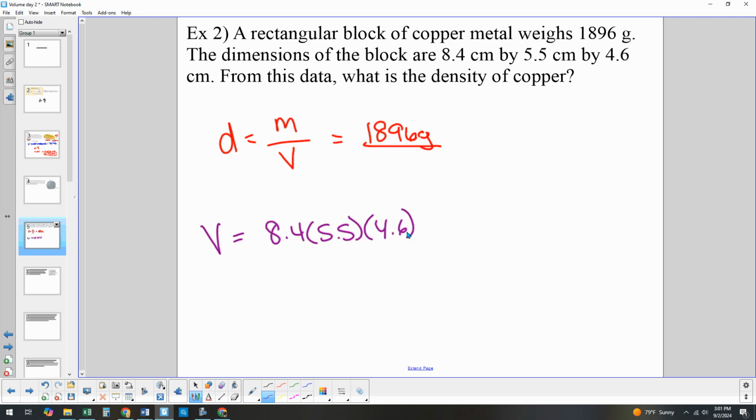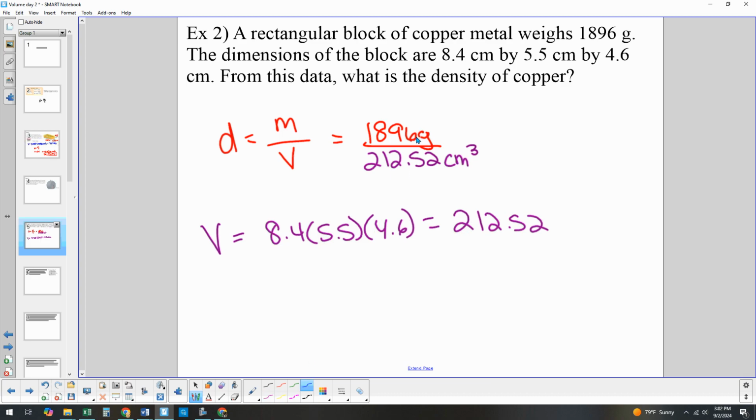So if we do 8.4 times 5.5 times 4.6, I get a volume of 212.52, and that was centimeters cubed.